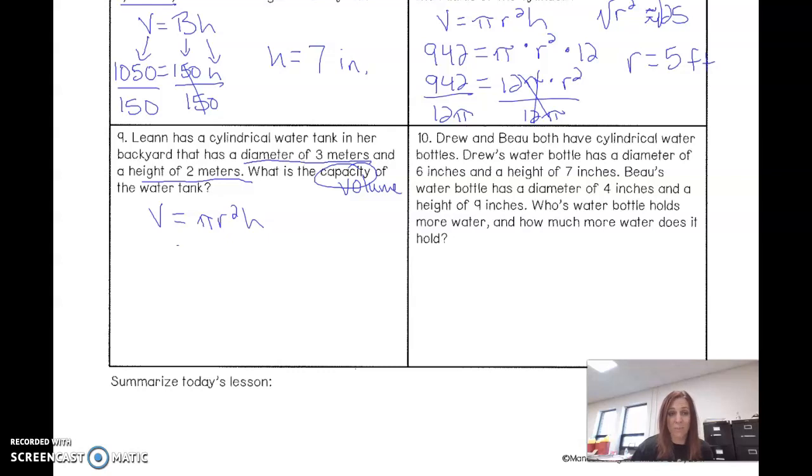Well, we don't know the volume. Pi is a number, times our radius. Now be careful. This is radius. This is not diameter. But if we know the diameter is 3, then our radius is going to be half of that, 1.5. So times 1.5 squared times 2. So now we just plug that into our calculator.